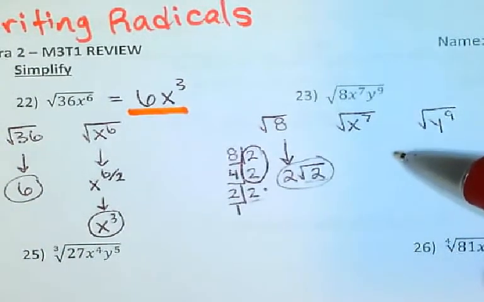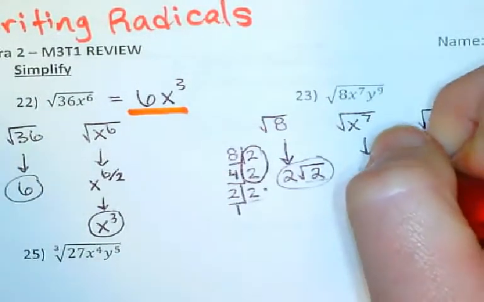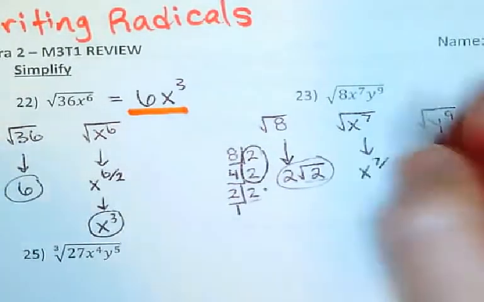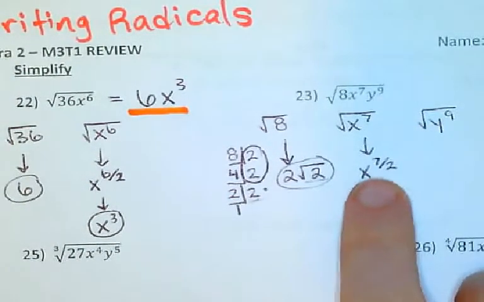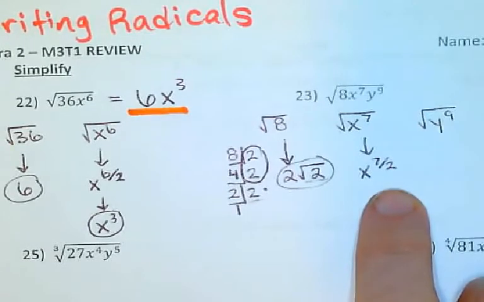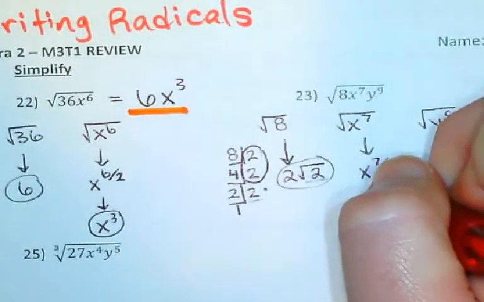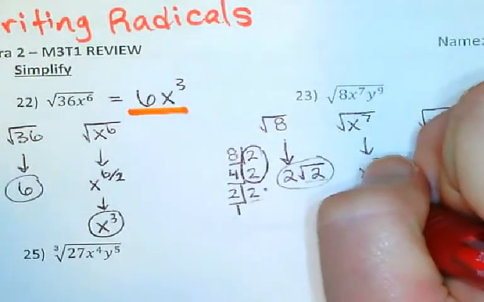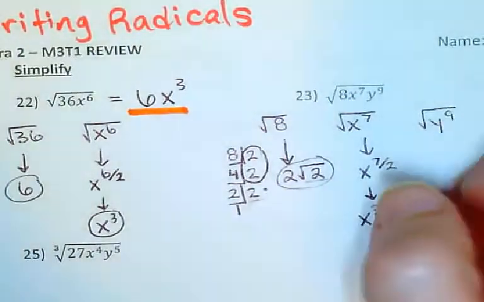Then I have this square root of x to the 7th. So like what we did before, we're going to put this in exponential form. So I have x to the 7th, and then the root was 2, because this is the square root. Now here, 7 over 2, if I put that as a mixed number, 2 goes into 7 3 times with 1 left over, right?